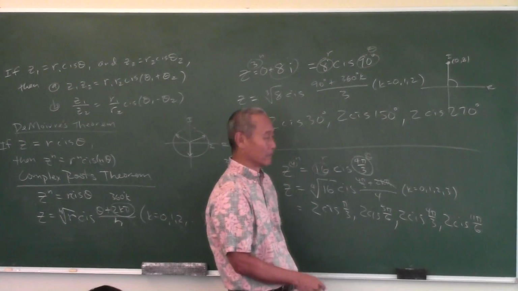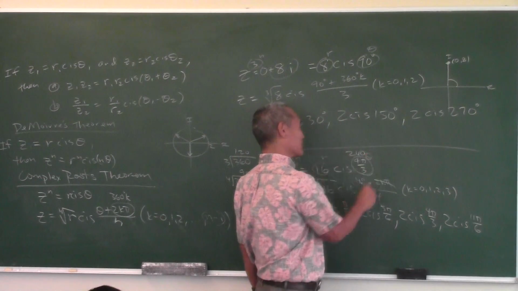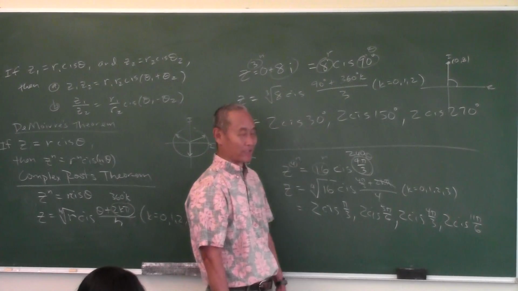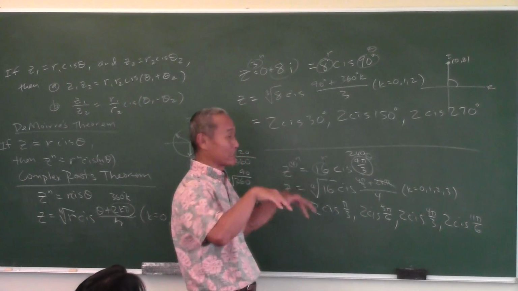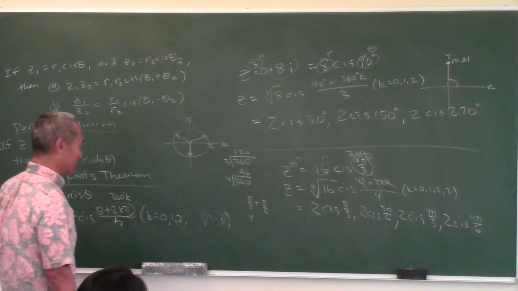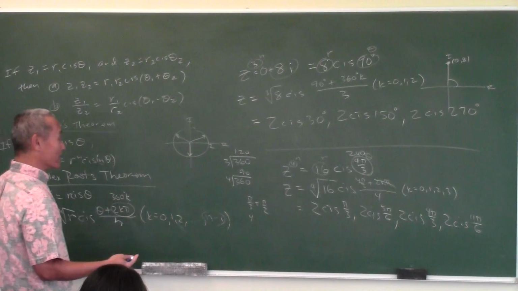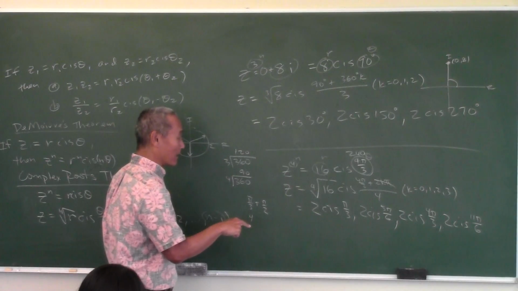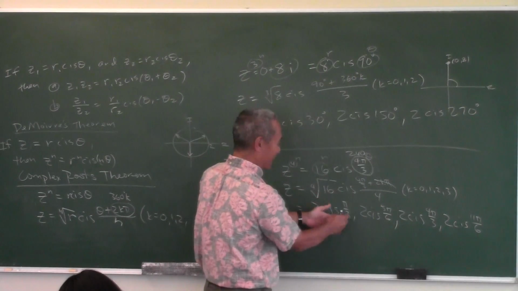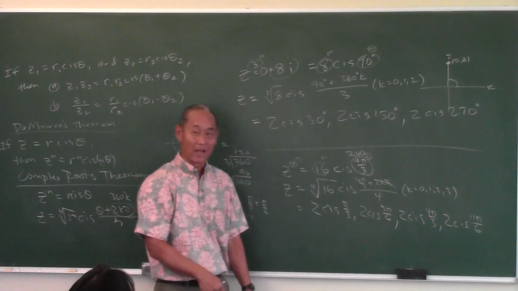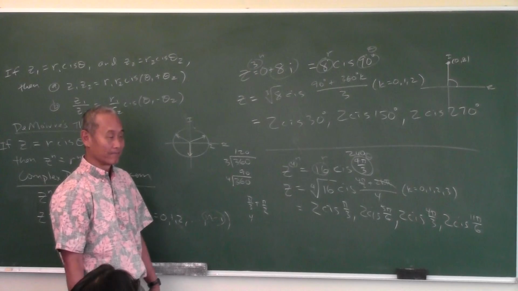Couldn't I have just changed this to 240 and then just work with degrees? Yeah, I don't care. Degrees or radians, I'll take either. So anyway, the point is, if you know they're equally spaced apart, then after you get the first answer, just keep adding to that.